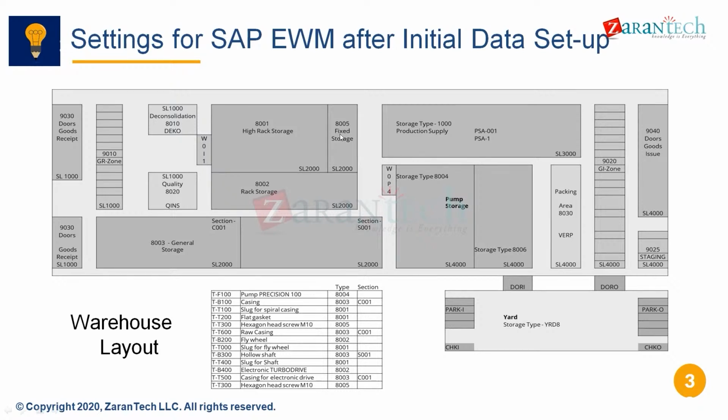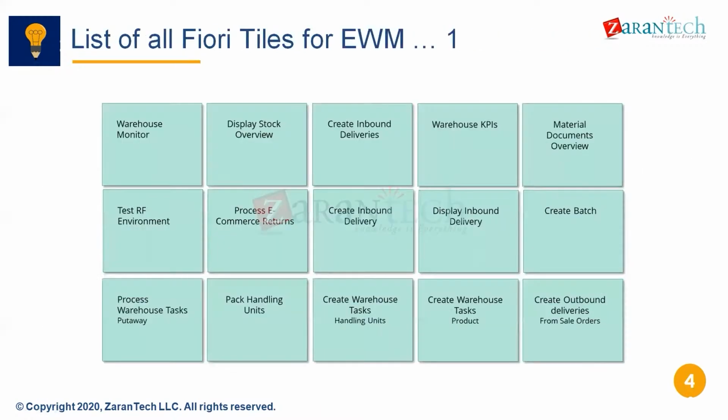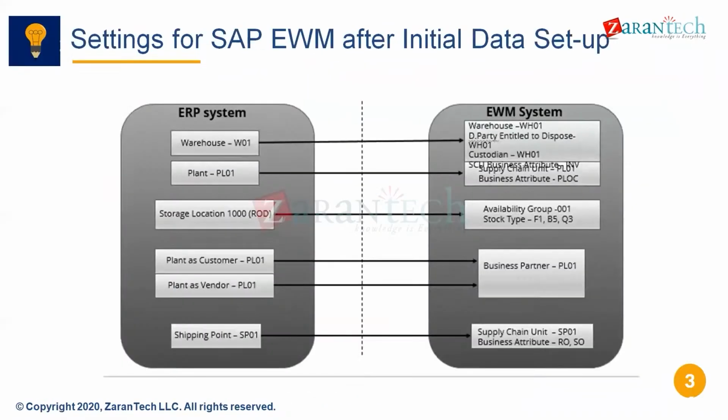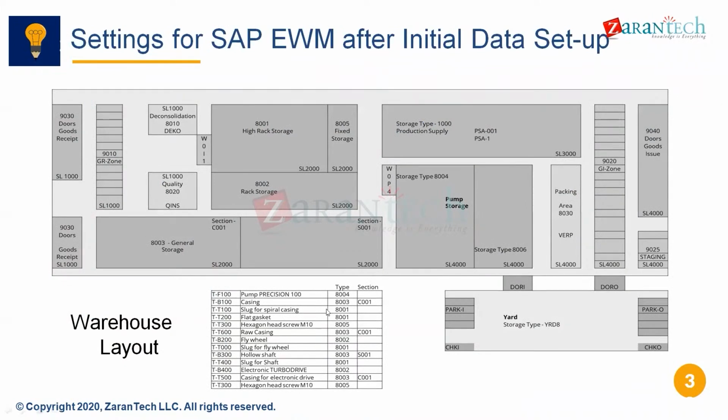When I say 8003, you should understand, yes, this is general storage. Make yourself aware of the naming convention. This is going to be a pump manufacturing process you're going to execute. For pump manufacturing, these are the components, a bill of material.